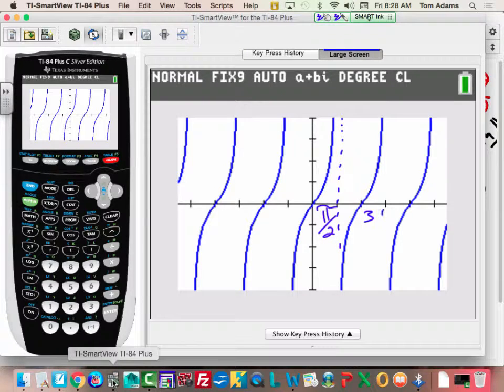So this would be pi over 2. This would be 3 pi over 2. If you were to guess, what do you think this is? Pi. We're adding pi, which is the same as 2 pi over 2, so that would be 5 pi over 2. And then Cole figured out, before I could say it, that you do the same thing with negative numbers. So this is negative pi over 2, negative 3 pi over 2, negative 5 pi over 2. So that's where you have these vertical asymptotes.